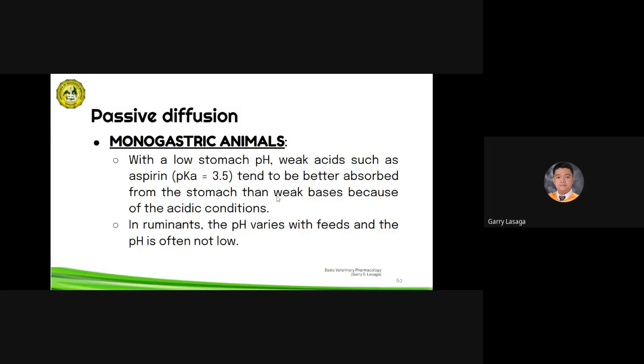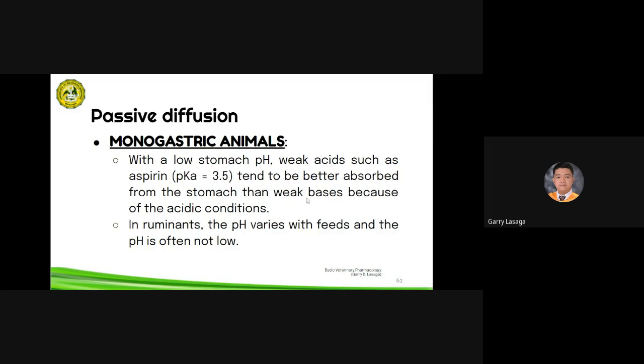Aspirin has a pKa of 3.5, so that when we administer aspirin orally, the drug will be absorbed in the stomach because the majority of the drug molecules are in the unionized form.